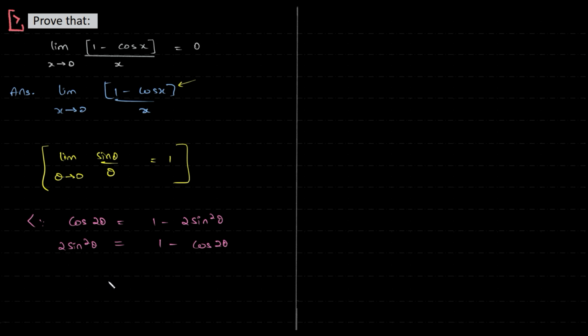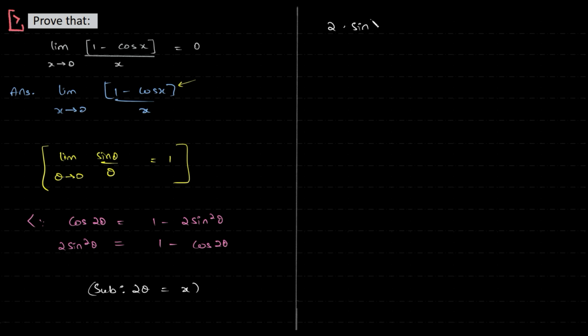Now, within this, I'm going to substitute 2 theta is equal to x, because remember, we want this particular expression to be cos of x. So 2 theta, this entire thing has to be equal to x. So what happens to theta over there?